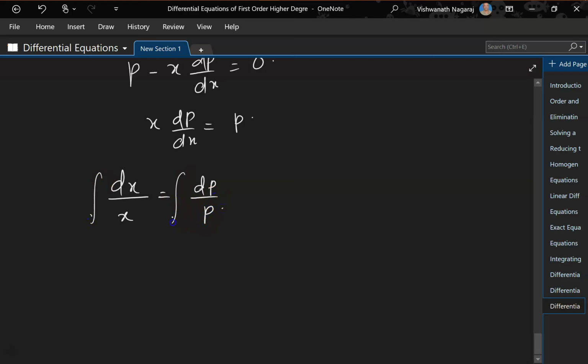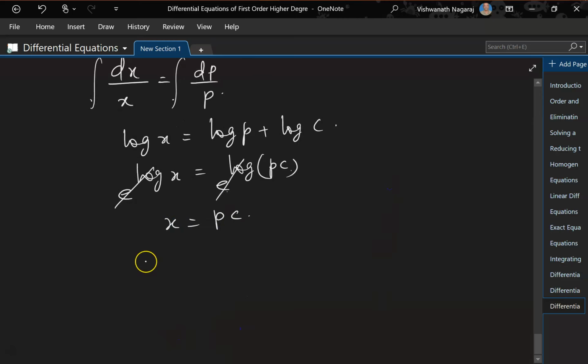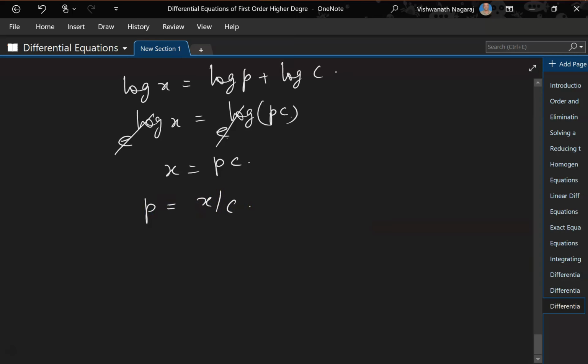Now integrate. We get log x is equal to log p plus log c. So this becomes log x is equal to log of pc. So exponentiate both the sides, logs disappear, so x is equal to pc, or we can say p is equal to x by c. And this we can eliminate from the original.